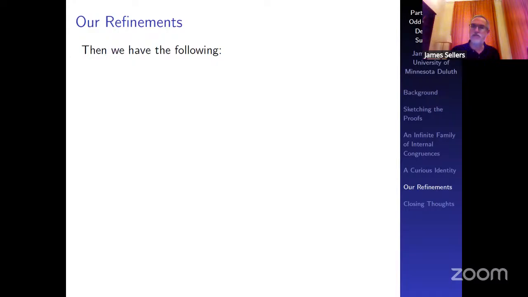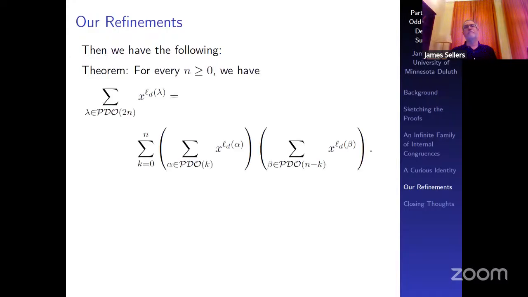And then what Shishuo and I have proven is the following. So I won't spend too much time on this identity, but let me just highlight what it's saying. On the left, we're taking partitions that live in PDO that have weight 2n. Remember, the identity is PDO of 2n is equal to a convolution sum on the right-hand side where the total weight is n.